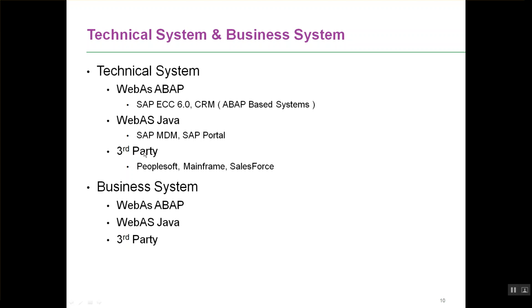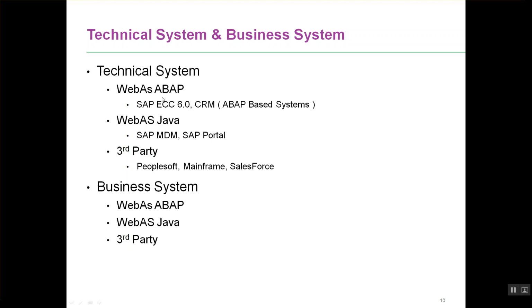Third-party systems are any technical system that is a non-SAP system. Be it a PeopleSoft system, be it a Salesforce.com system that can register itself to the SLD, is called a third-party system. Okay, a business system again has three different types: a web-based ABAP business system, a web-based Java, and a third-party.